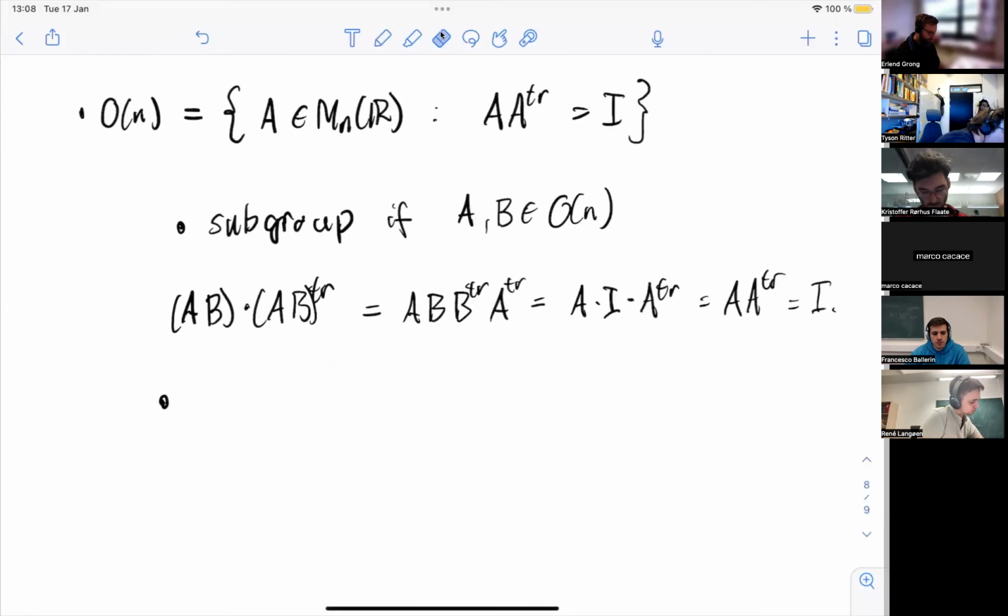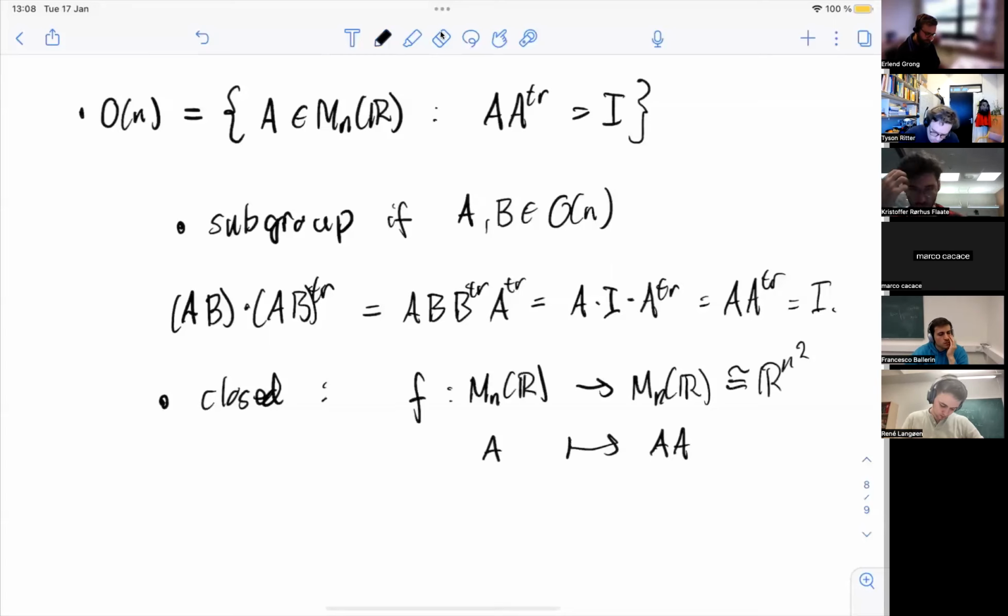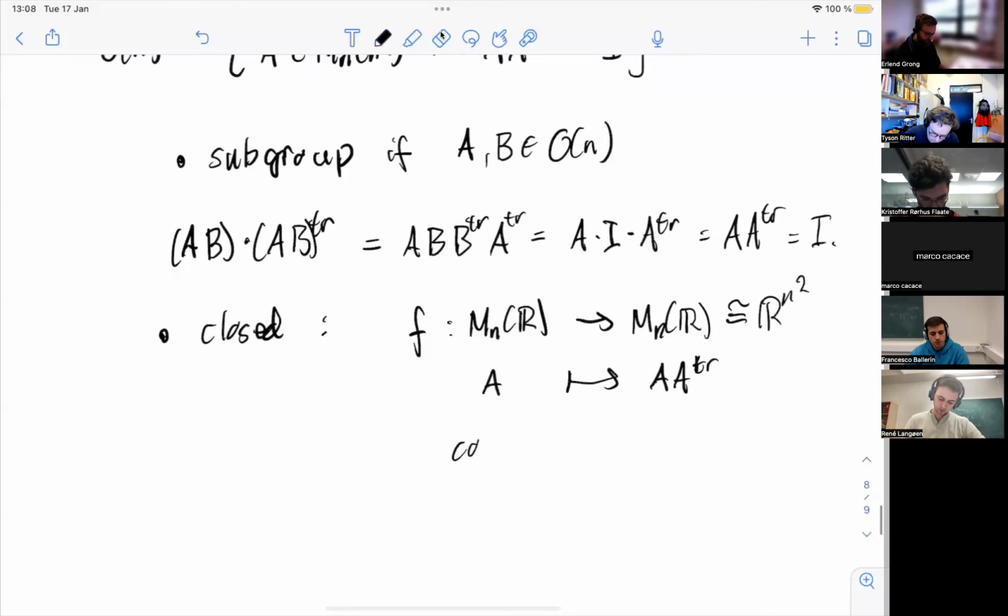And why are they closed? Well, take the mapping from all matrices into all matrices, which we can identify with R^(n squared). You send A to A times A transposed. This is continuous because it's a polynomial.